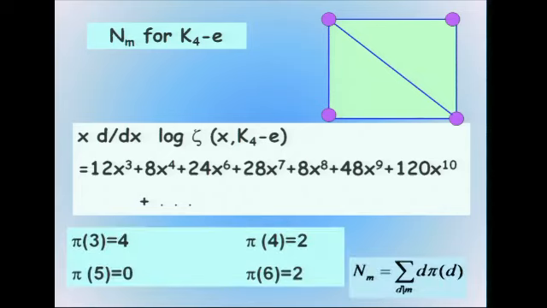Because we know n sub 3 is the sum over all the divisors of 3 of d times pi of d, and there's only 2 divisors of 3, 1 and 3, and I know that pi of 1 is 0, since there's no prime of length 1 because they would have to have backtracking, this tells me that 12 over 3 is pi of 3, namely 4.